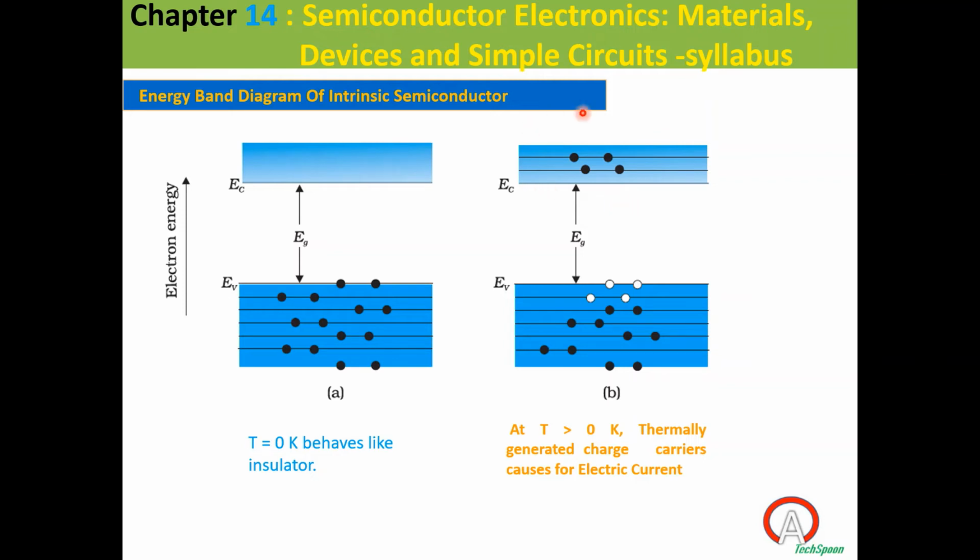So how are these electrons generated? This is the energy band diagram of an intrinsic semiconductor. How are these electrons in the conduction band generated? Here there are no electrons in the conduction band, but here there are four electrons in the conduction band. How did it happen?